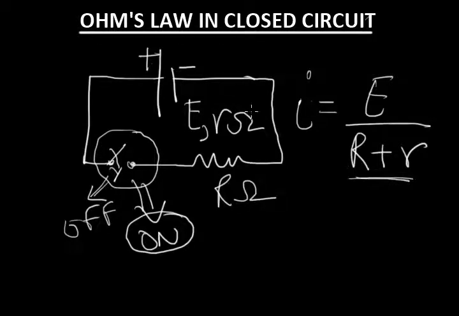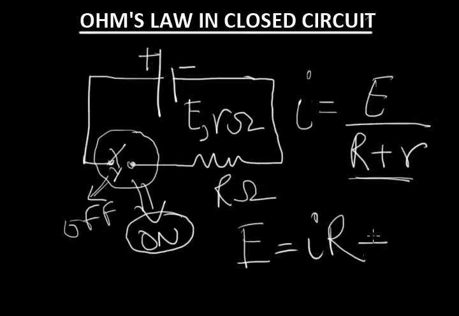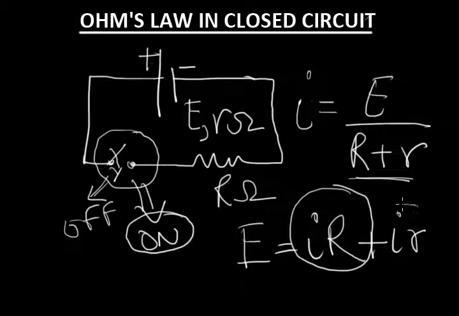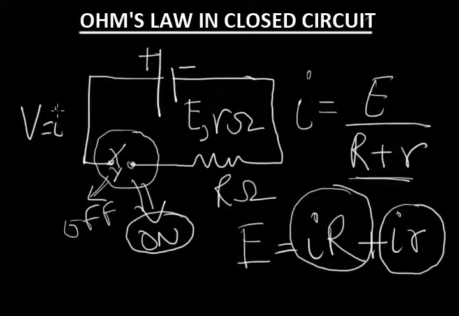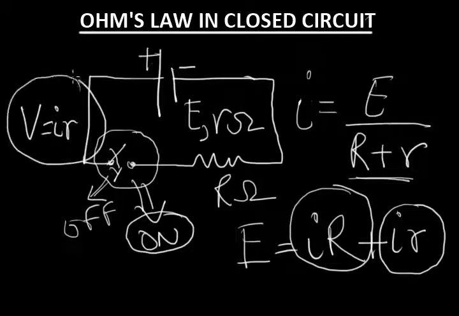Now if I cross multiply, what I have is E equal to I into capital R plus I into small r. Now I have to find out what I mean by this IR and what I mean by this IR. Since we are applying Ohm's law, where it is stated that V is equal to IR, we need to understand that this IR is a voltage and this IR is also a voltage.